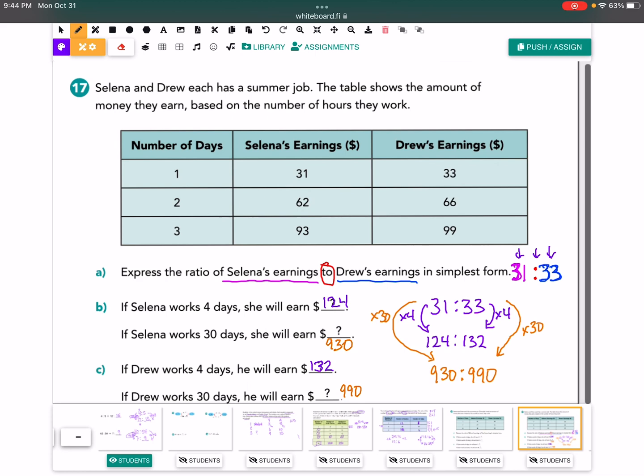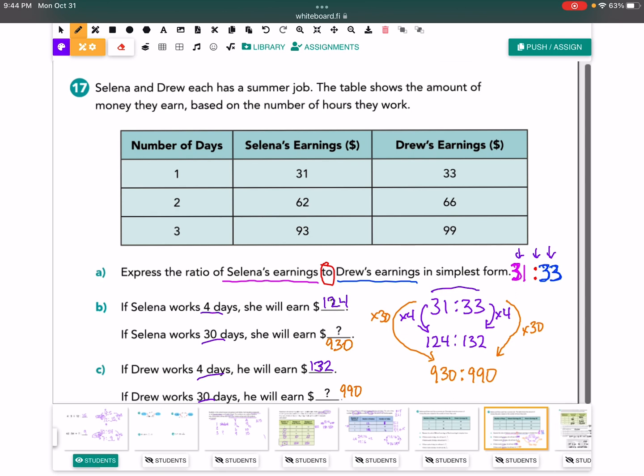And so the fastest way to do it, or the most logical way to me, was to set up that ratio 31 to 33 up at the top here, and then multiply out, because we were asked for 4 days and 30 days for both Selena and Drew. So multiply each term by 4 and then each term by 30, and that would get our answers. And that's what I did. So there you see that one.